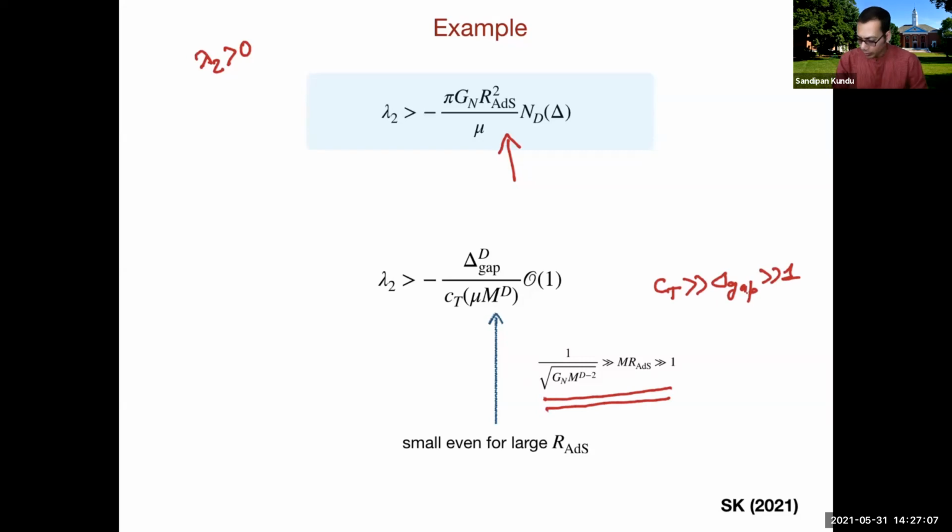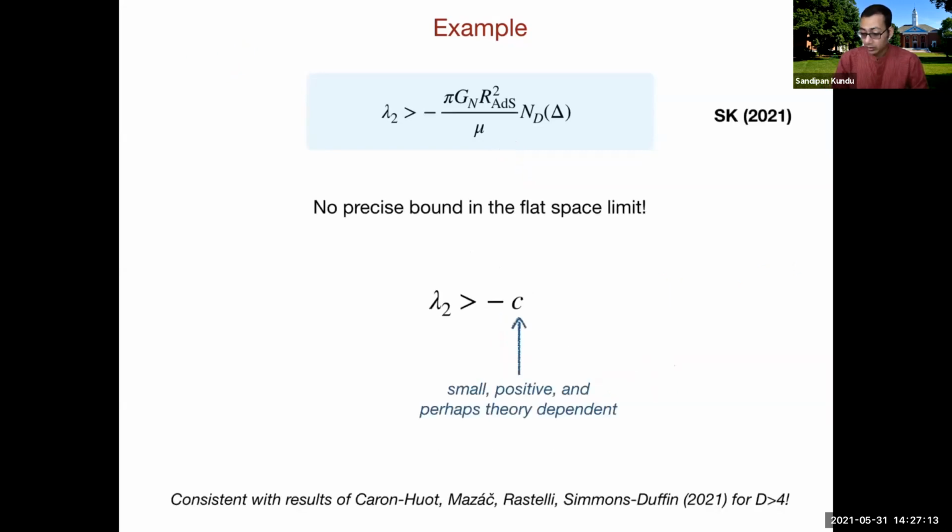But you must see another problem. This R radius in the numerator means there is no precise bound in the flat space limit. So when I take the flat space limit, the only thing that I can say is that lambda 2 is larger than some minus c, where c is small and positive. That's it. I cannot give you a precise definition of this constant c.